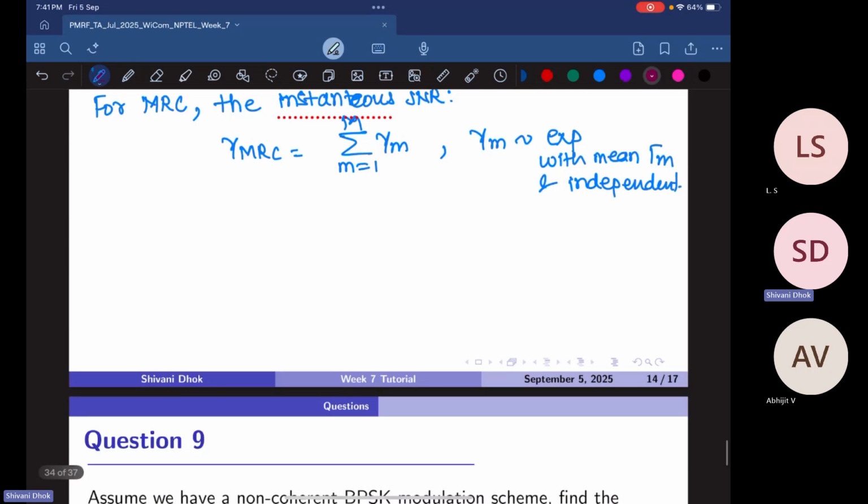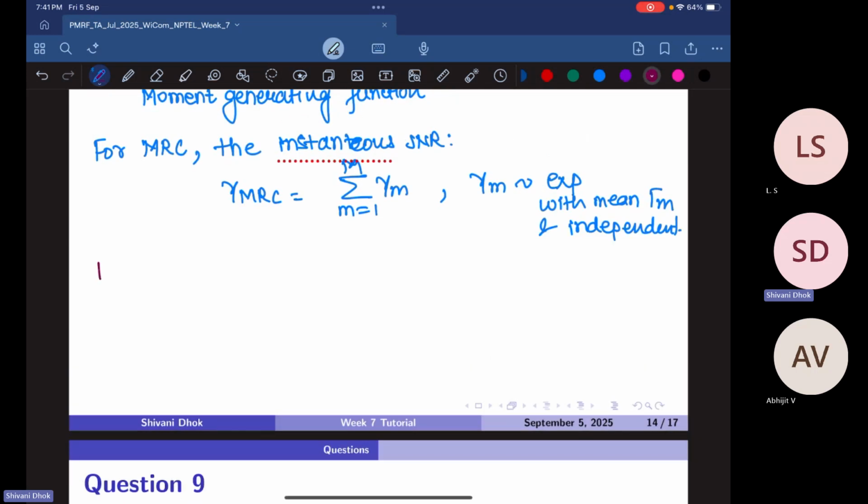Therefore, the moment generating function psi gamma MRC of s is the expected value of e power gamma MRC s. Now let me substitute gamma MRC here.